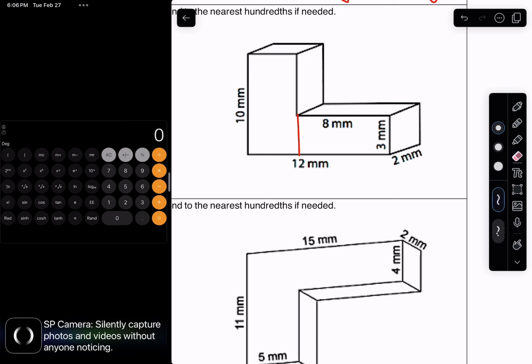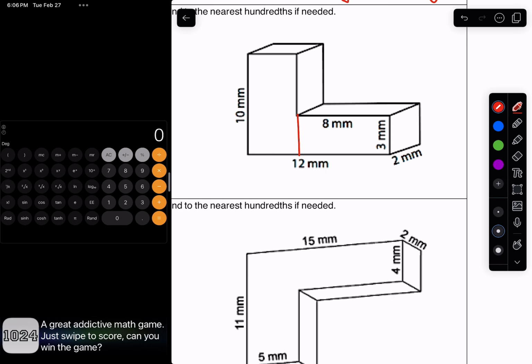I am going to choose to go straight down. Doing that, I now need to figure out what this right here measures to. So if the whole thing is measured to 12, and this from here to here is 8, I have to subtract it. So 12 minus 8.